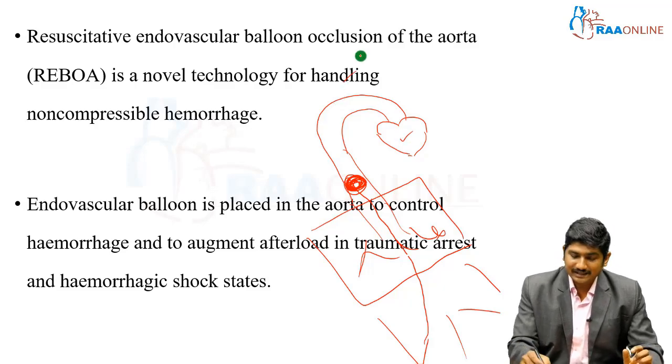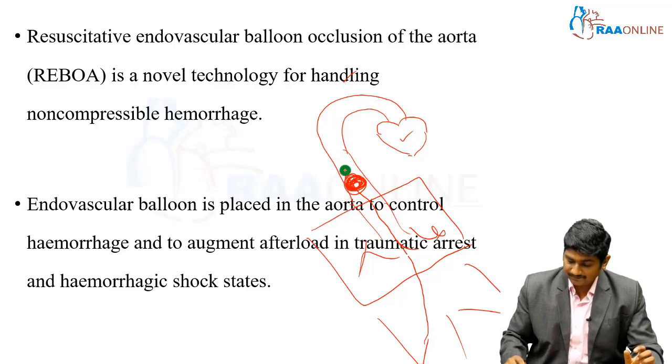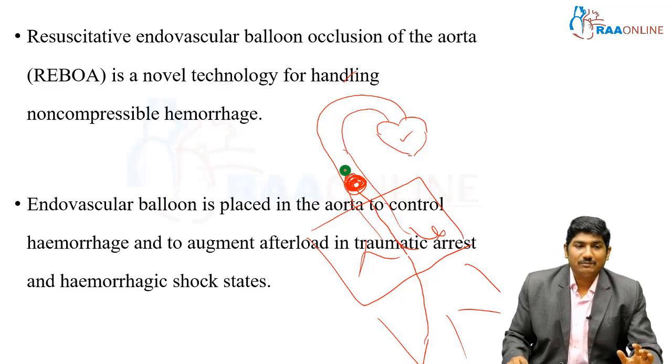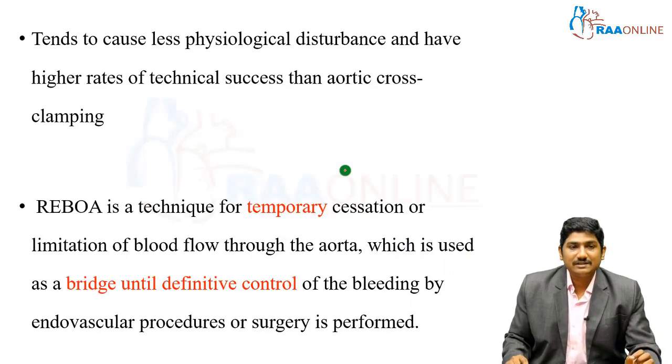By increasing the afterload, when there is pressure here, the afterload is increased, so that you can save the brain and the heart of the patient. Of course, this comes with other complications as well, but compared to death, these complications are very minimal. So this tends to cause less physiological disturbance and has higher rates of technical success than aortic cross clamping.